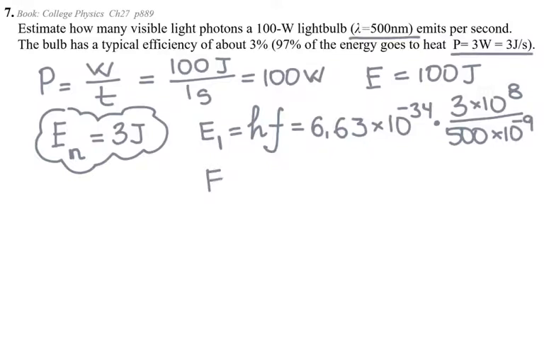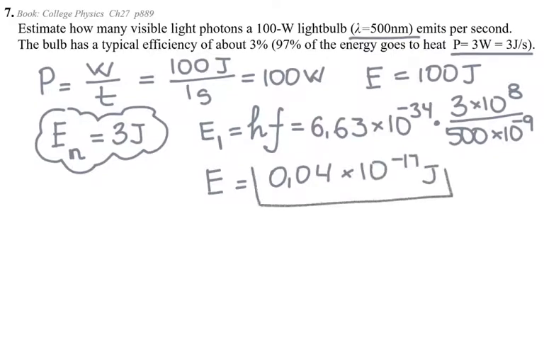So that energy is going to be equal to 0.04 times 10 to the negative 17 joules. So this is the energy of one photon, and I have 3 joules of energy.